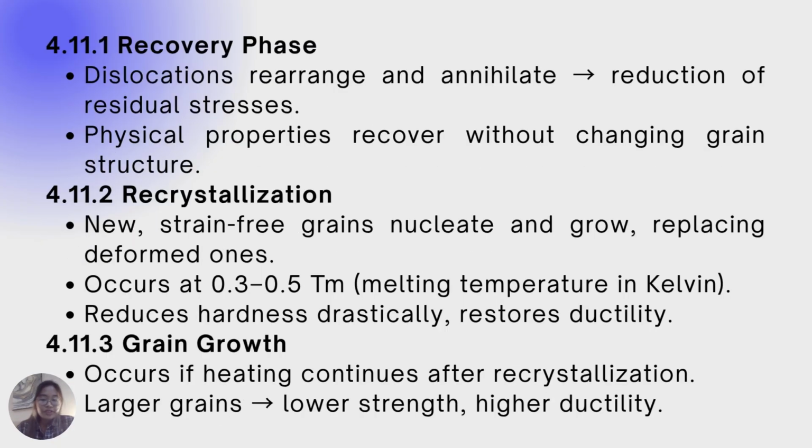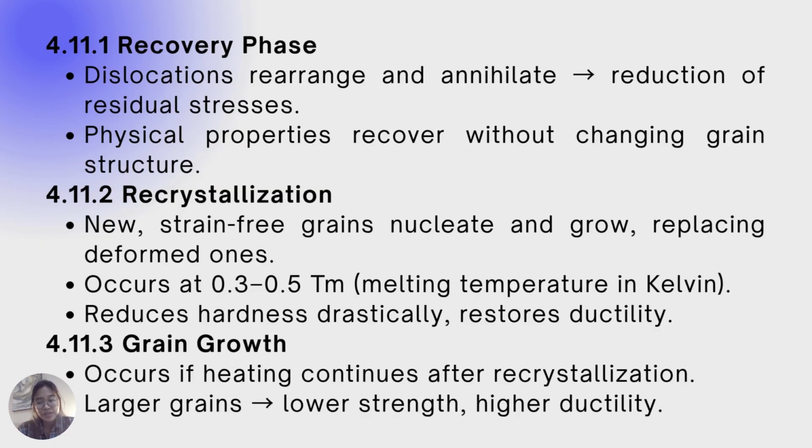Next, we are going to talk about them one by one, the first being the recovery phase. The recovery phase occurs when a cold worked metal is heated to a relatively low temperature, below the recrystallization point. During recovery, the dislocations caused by plastic deformation rearrange themselves into lower energy configurations.